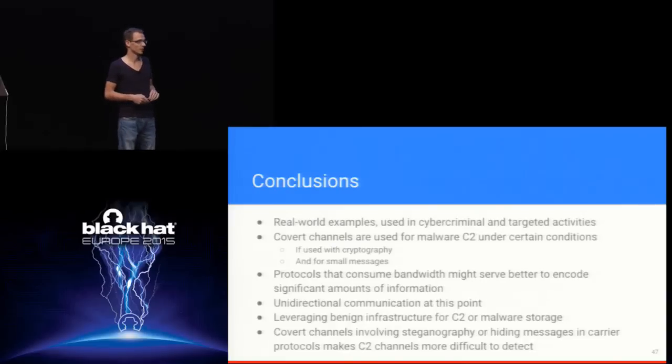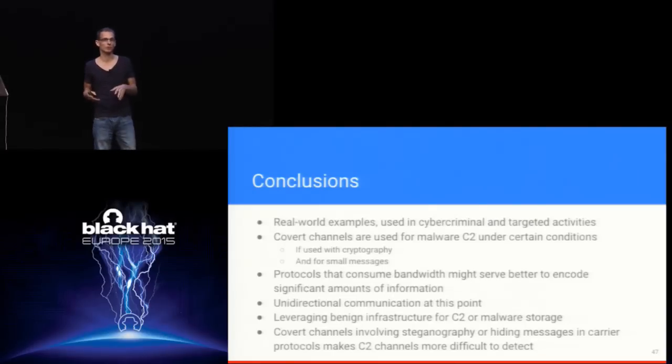If you use steganography, such as Stegoloader, then you can actually leverage benign infrastructure for command and control or malware storage. And that poses another problem for defenders, because that basically works around reputation-based detection or protection means.